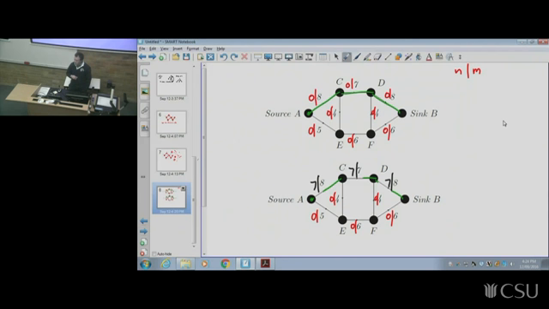So push 8 from A to C, and then bring 1 from C to E down, and then A to E. Then you've got the full 13 going through. Yeah, that's what we're going to do, but we do one path at a time. You can see what the next one's going to be. That's good to see because that's how it's going to work. But we just do one at a time normally.